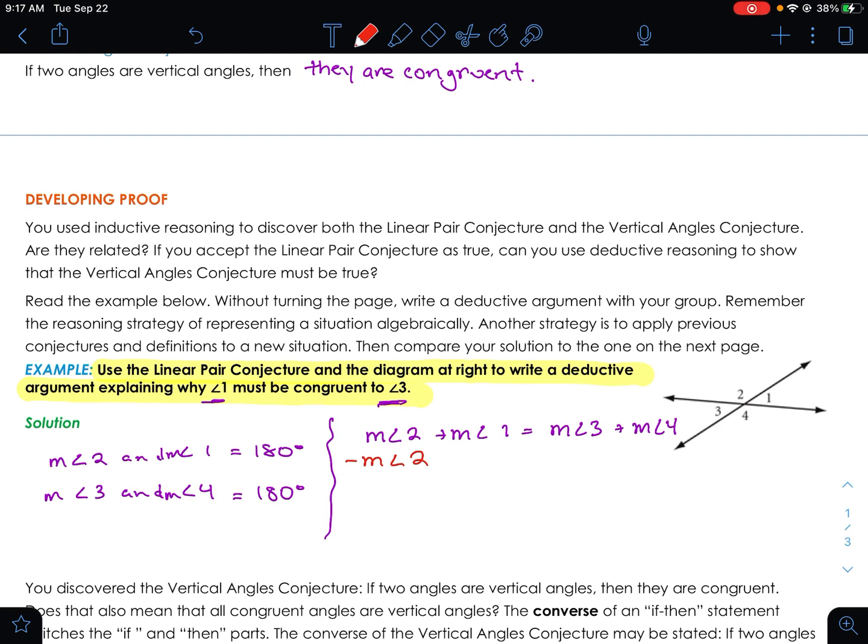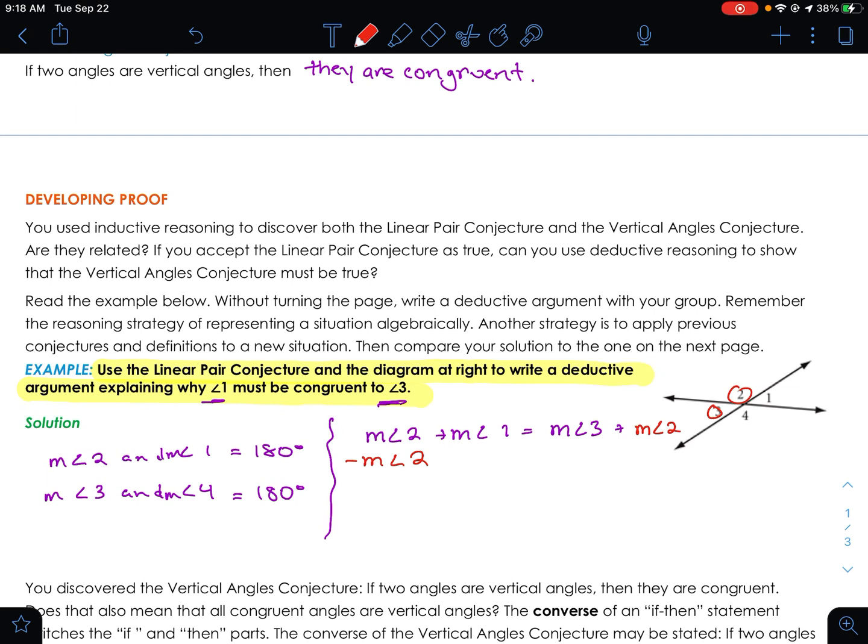So instead of having the measure of angle 4, I would need to replace the measure of angle 4 with another angle that still makes this true. We notice that angle 3 and angle 2 also are linear pairs. So we can take angle 4 and replace it with angle 2, because this is still a true statement.